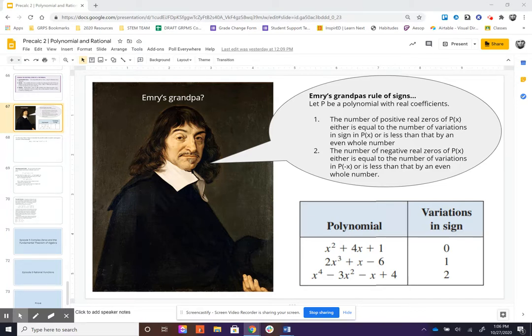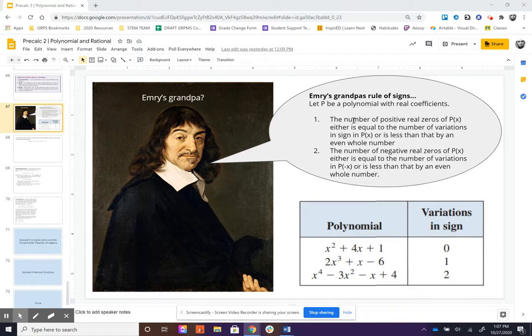Descartes was a mathematician a long time ago, around 1637. He noticed that a variation in sign tends to correspond with the number of real zeros that a polynomial has.